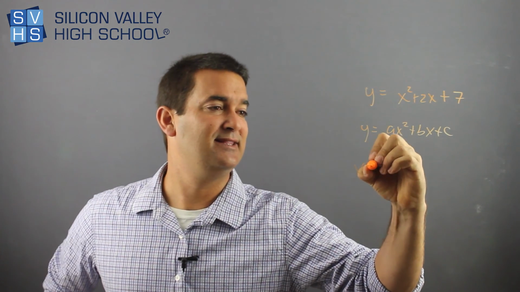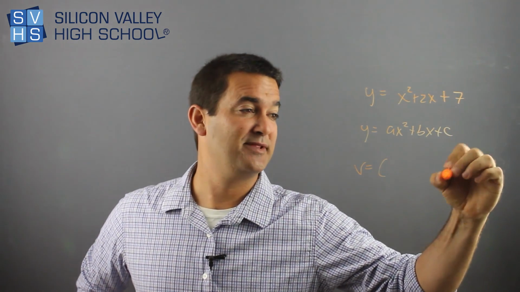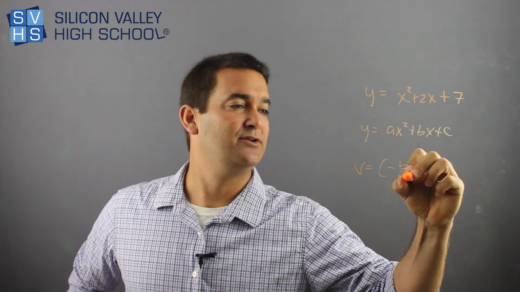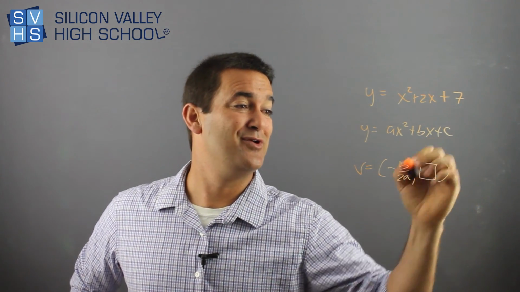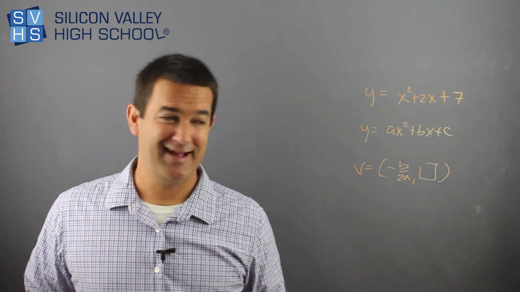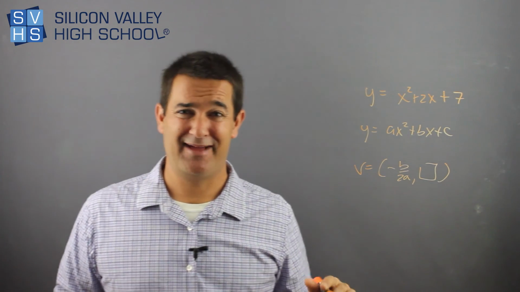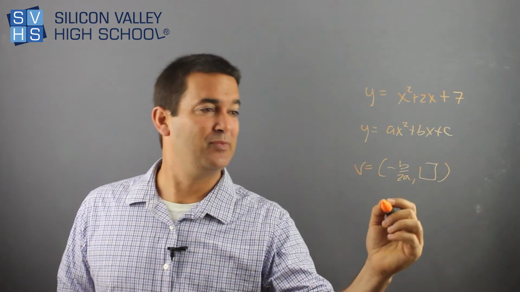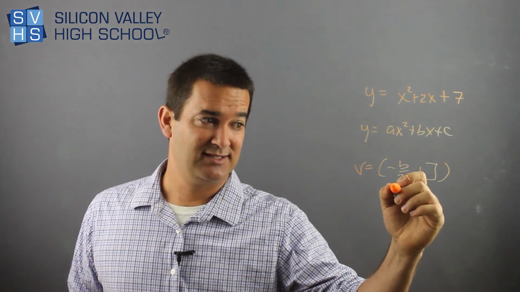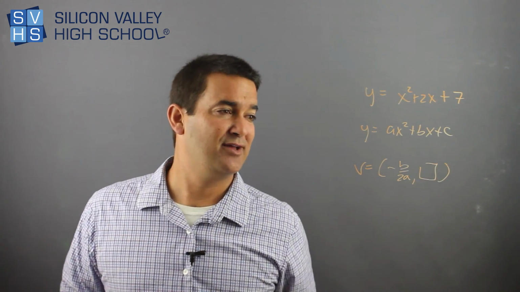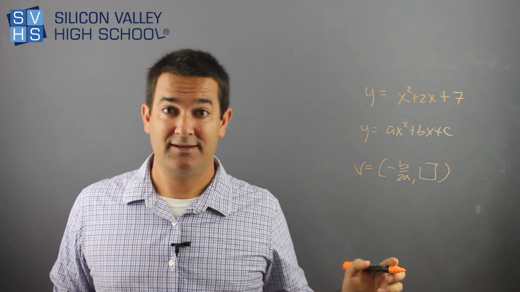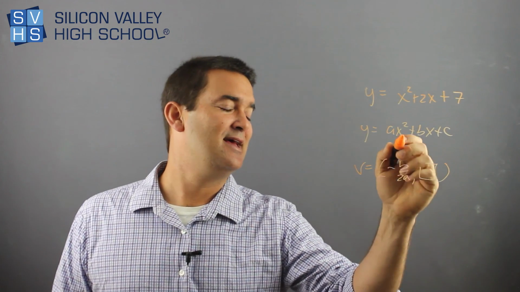So the vertex in this case is, the formula is -b over 2a, comma, I don't know. Right? Like what? So like, come on, man. This is confusing. The x value of the vertex is -b over 2a, and the y value is to be determined.